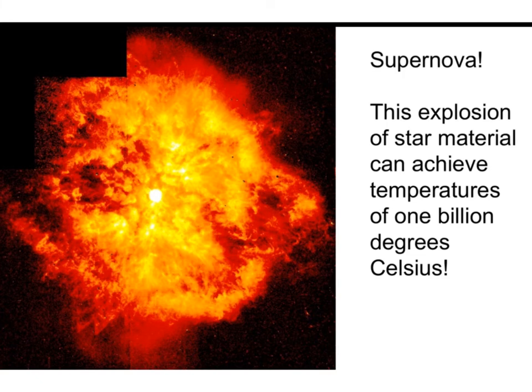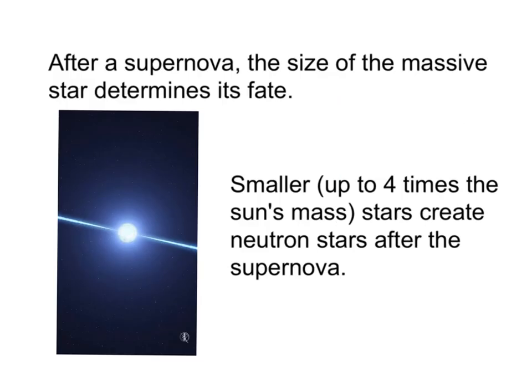Supernovas are incredibly hot, billions of degrees, and we could even see a supernova without a telescope if one happened that was close enough to Earth for us to notice it. It might be visible for days or even weeks, but eventually that supernova would change as well.